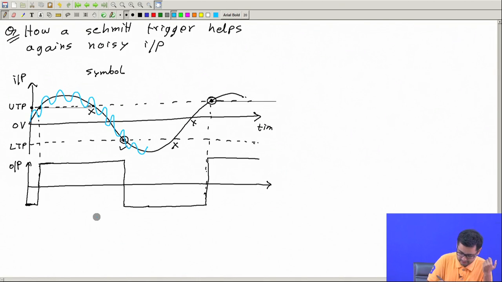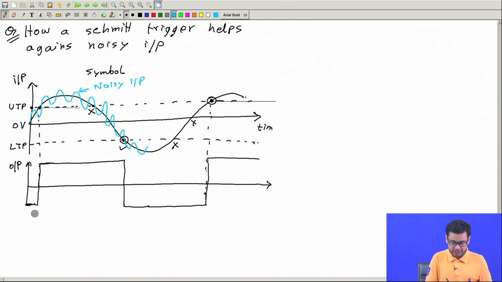And let me make it a bit more noisy. So this is the noisy input.